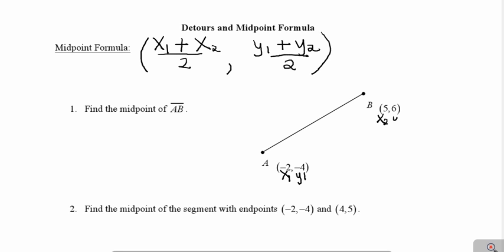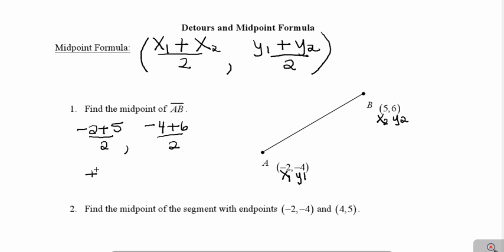And I'm just going to plug my numbers into the midpoint formula. First I'm going to start by adding the x's together, -2 plus 5, and then divide that by 2. And then for the y coordinate, I'm going to add -4 plus 6, and then I'm going to divide that in half.